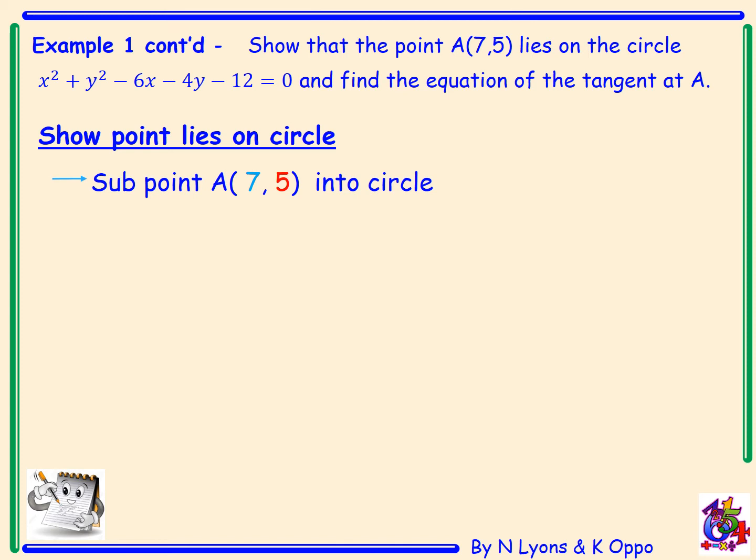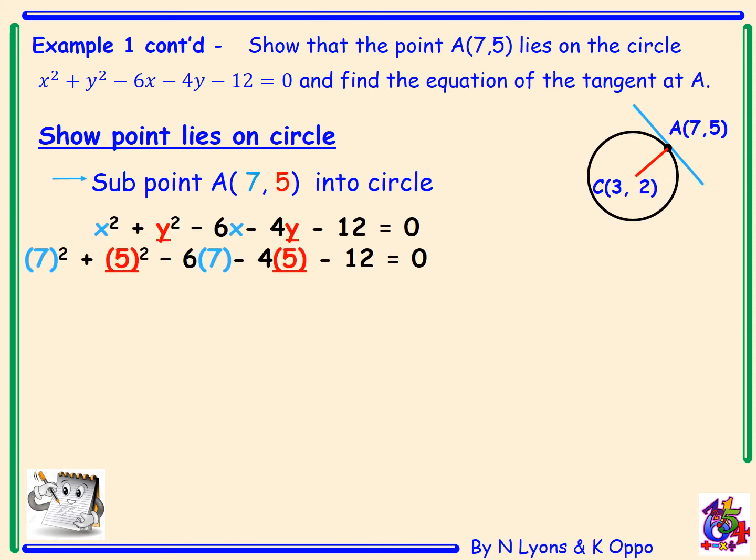We're replacing x with 7 and y with 5. So we'll initially write out our circle equation, and where we see x we replace with 7 and y is replaced with 5 to get 7 squared plus 5 squared minus 6 times 7 minus 4 times 5 minus 12 equals 0.